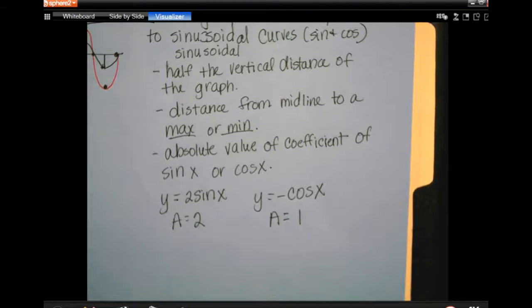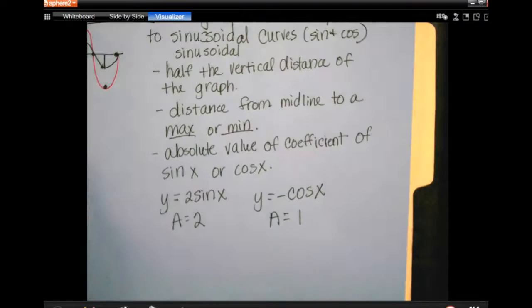And if it's 1, what does that negative mean? It's a reflection, right? It flips it. Amplitude has nothing to do with which way the sine or cosine is oriented. Amplitude is the distance from the midline to the max, midline to the minimum. This is a reflection. The amplitude is still 1. It's just upside down. Okay, so that's amplitude.